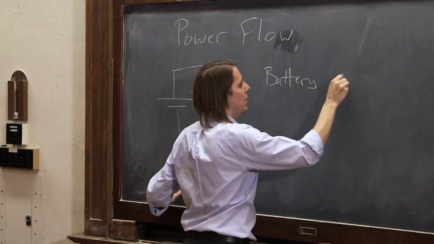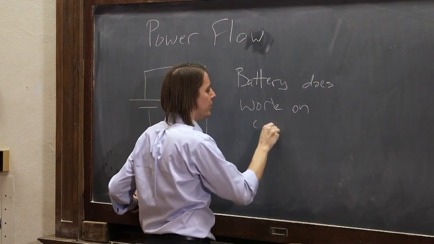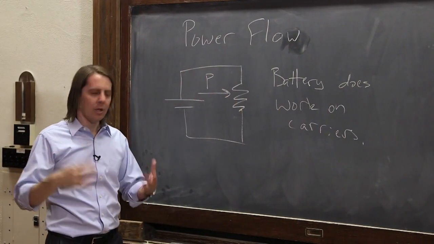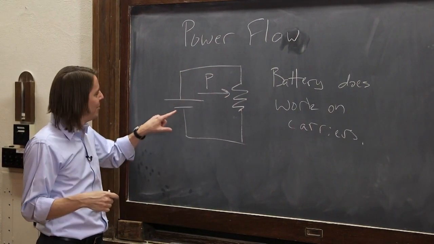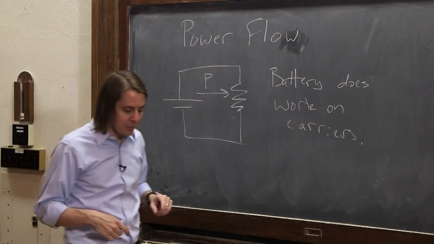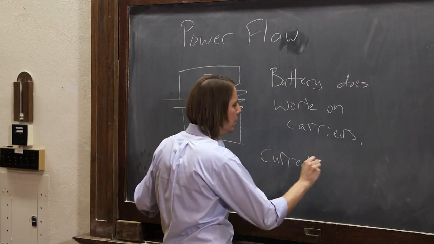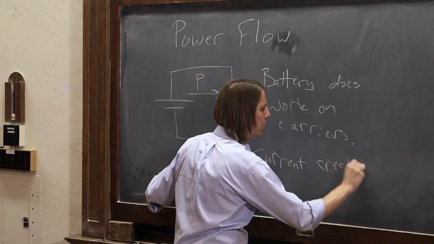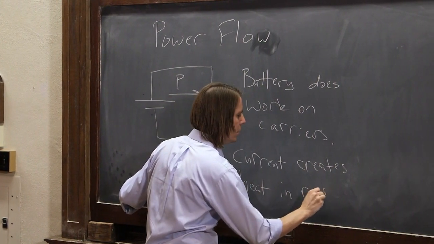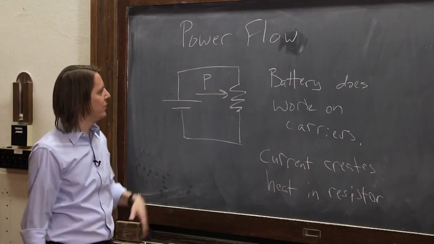The battery does work on the carriers. It's doing a certain amount of work per unit time by bringing the carriers from zero potential to a higher potential. And then the current creates heat in the resistor. That's the other place there's a power flow in the circuit.